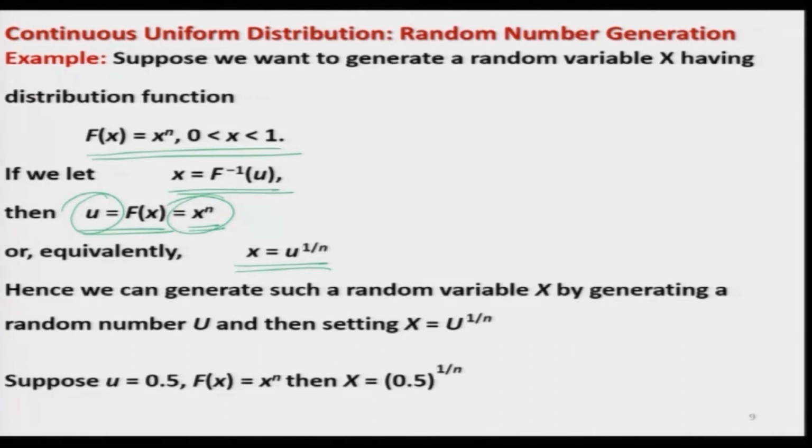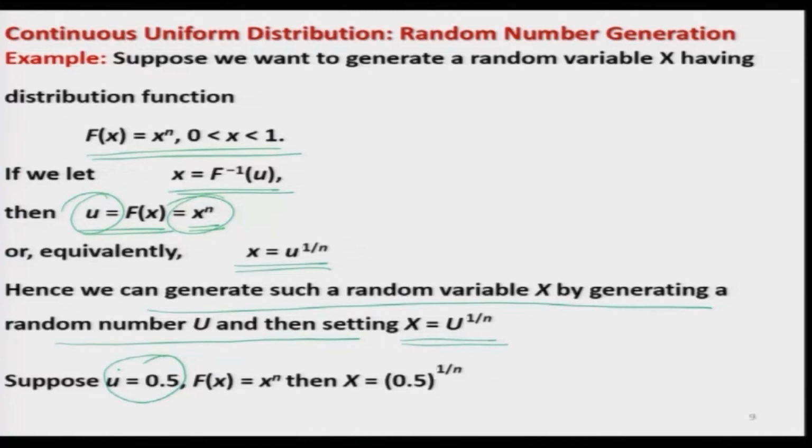This means we can generate such a random variable X by generating a random number U and then setting X equal to U raised to the power of 1 upon n. Suppose I generate a uniform random number, a value between 0 and 1, and suppose it comes out to be 0.5.